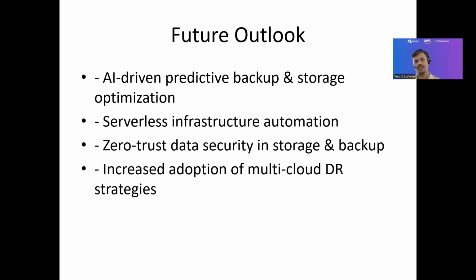And this is a short but very important look at backup storage and the automation around it, with the future outlook. So what is it going to be and how can it be approached further, right? The first is AI driven predictive backup and storage optimization, which also helps with storage and backup management and cost effectiveness, including the respective regulations.